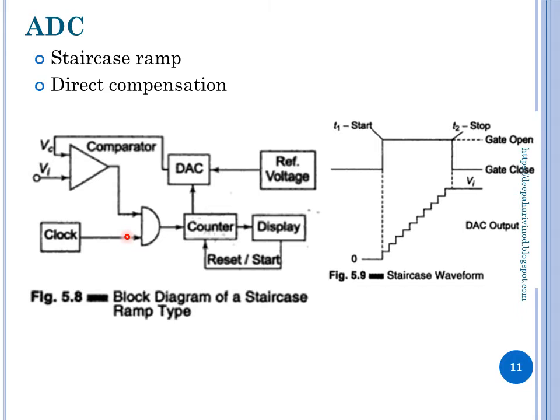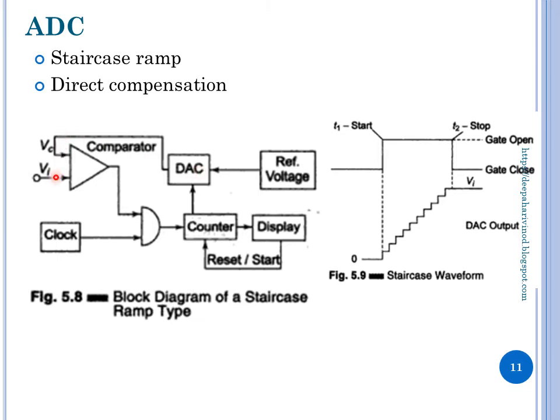Here VI is the input voltage, and this is the internal staircase voltage VC, generated by a series circuit consisting of pulse generator, counter and DAC.